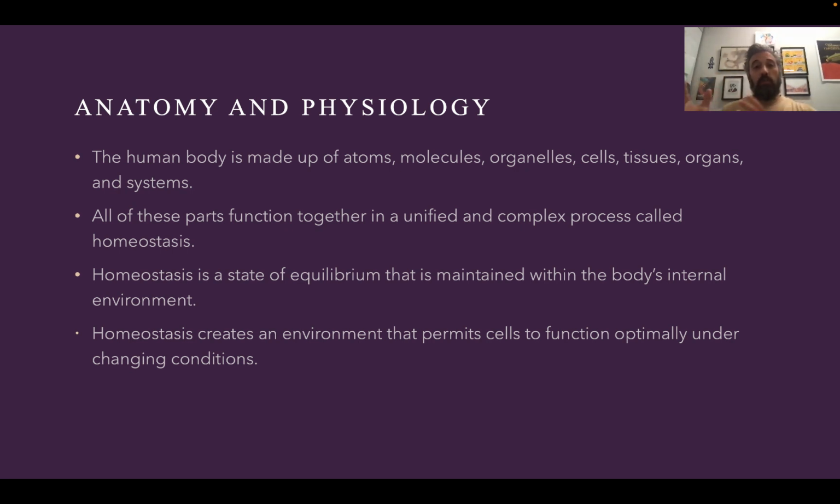So all of these different types of things together are going to be individual, and there's a lot of different ways that you can take them apart, but we'll end up getting this whole complex series of different types of chemical equations that when you mix them together, you end up getting homeostasis. Homeostasis is equilibrium, and it essentially keeps everything inside of your body working the way that it's supposed to.